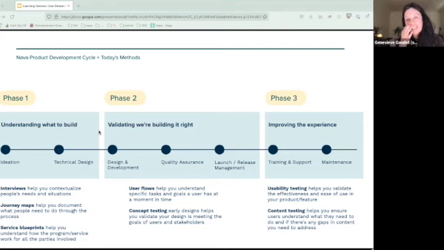Content testing can fall along that spectrum, but there we're asking, in the context of this page, does all the content make sense? Can you follow these directions? Are they clear? So it's different levels of detail and different points that we're testing at. But the general idea is, as soon as we've got something, we want to put it in front of people, because that's going to help us move to the next phase.